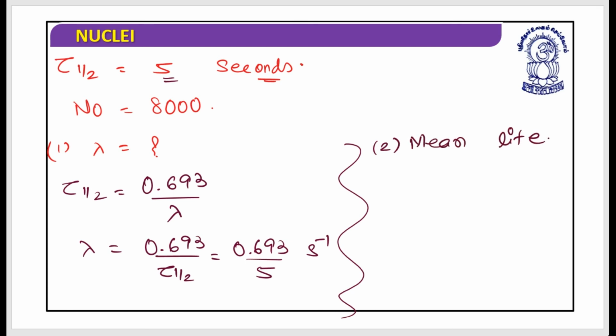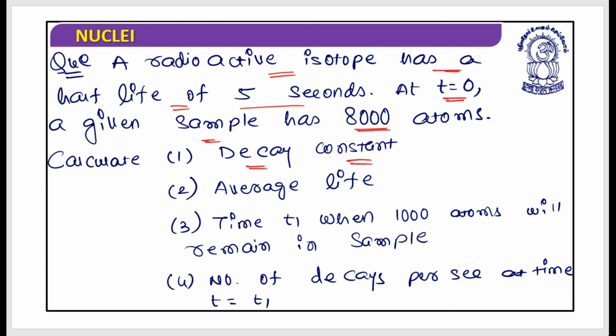How will we do this? As we understood, t average would be equal to 1 by lambda, which is 1 divided by 0.693 over 5 seconds. This is 5 divided by 0.693 seconds. I hope this is clear. Next is the time t1 when 1,000 atoms will remain in the sample.